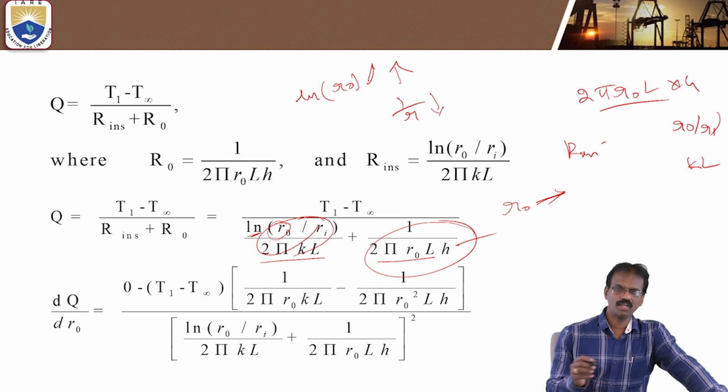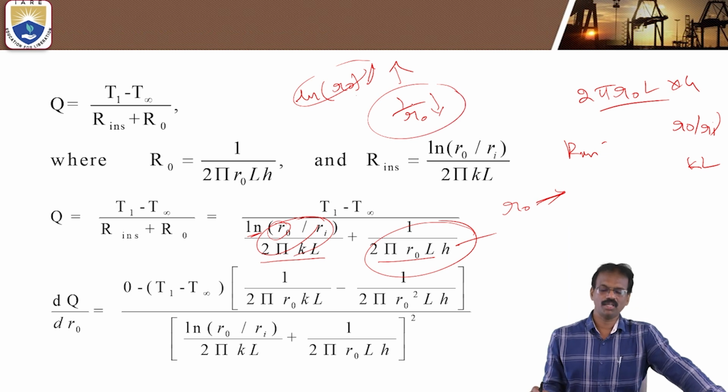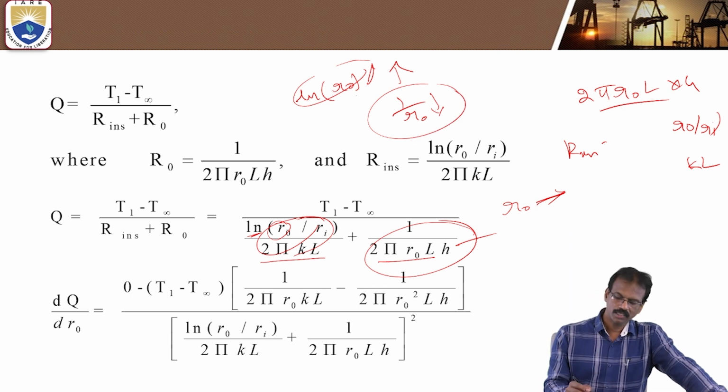Logarithmic means the value is very small compared to this one. So the increase due to R naught is very small compared to the decrease due to R naught, and because of this the convection resistance dominates the conduction resistance.